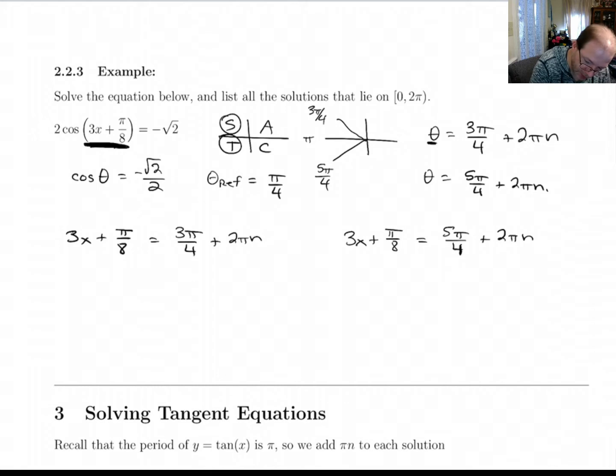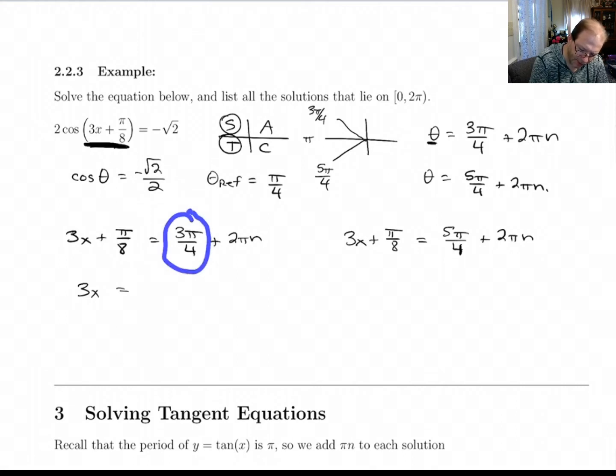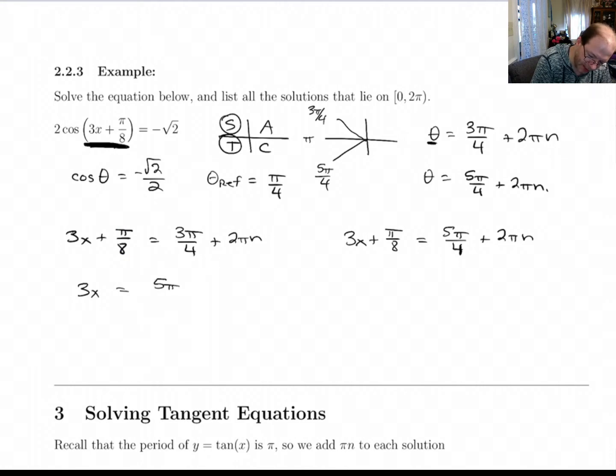All right, so the first thing to do over here is subtract pi over 8 off of both sides. So that leaves me with 3x on this side. And let's see, 3 pi over 4, that's 6 pi over 8 minus pi over 8 is 5 pi over 8 plus 2 pi n.